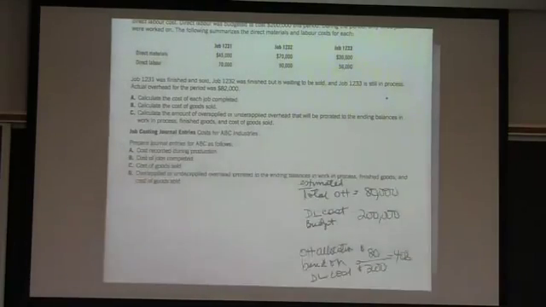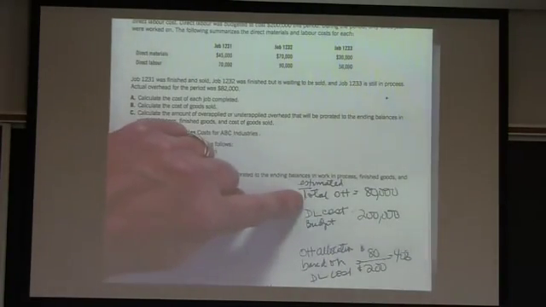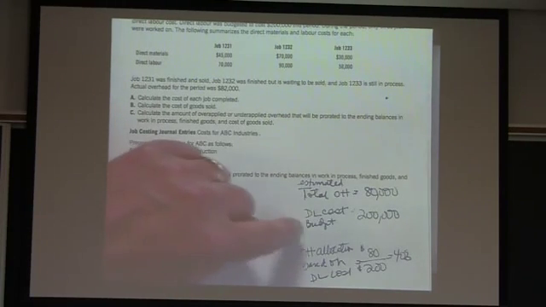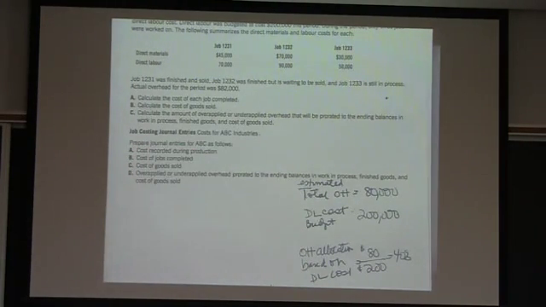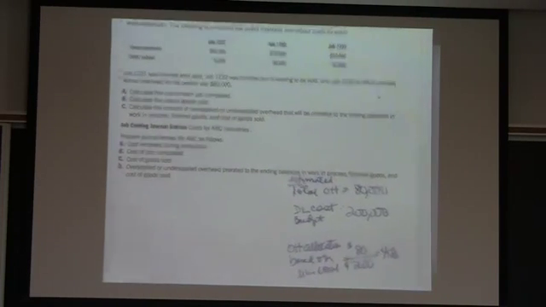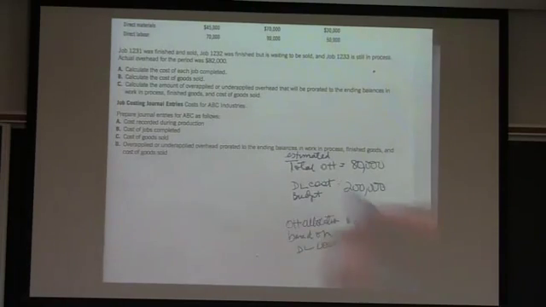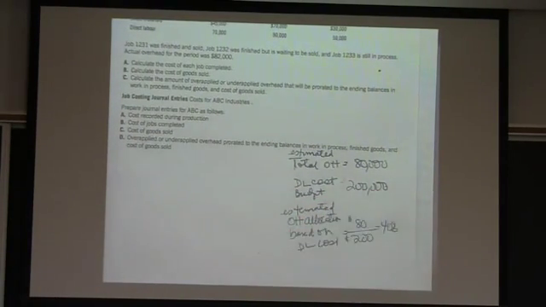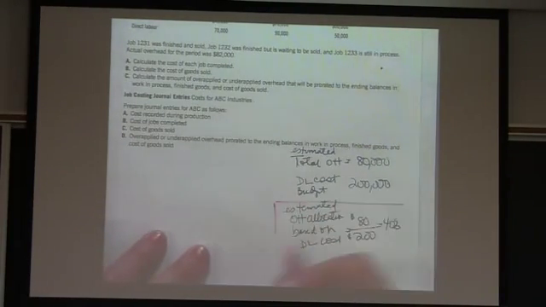So that's why we're always using estimated overhead divided by, in this case, the estimated or budgeted direct labor cost to determine the overhead allocated based on direct labor. So this is the estimated, sometimes called budgeted. Okay? So that's essentially what we're trying to calculate with job costing.